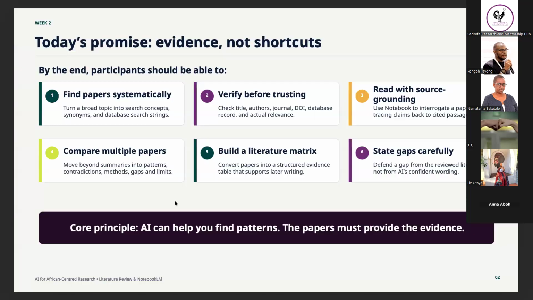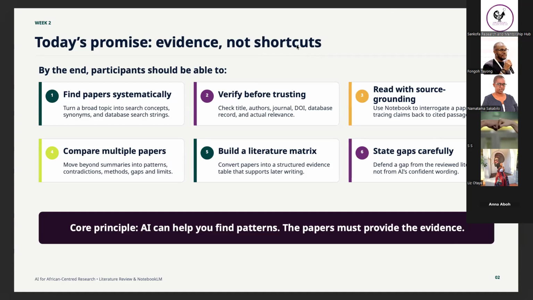So first things first, today's promise is evidence, not shortcut. We are not trying to run away from everything and pick a shortcut, but we're trying to get evidence based on what we are finding. By the end of today, we should be able to, first, find papers systematically, which I think most of you have already done based on the exercise which was given.